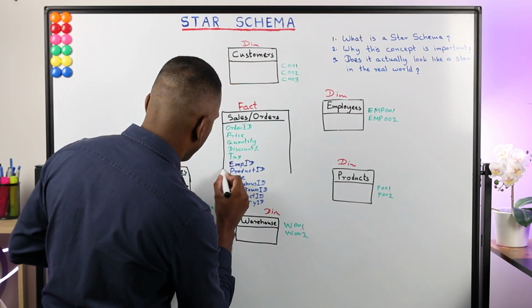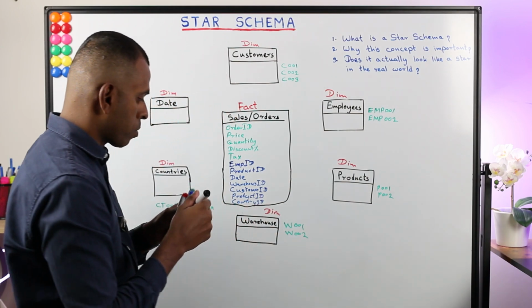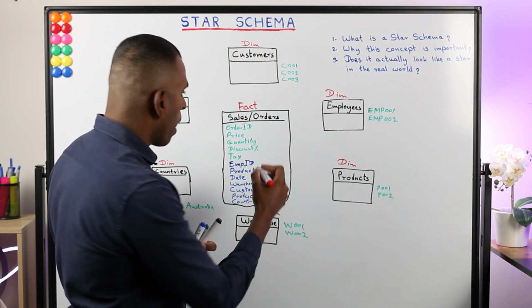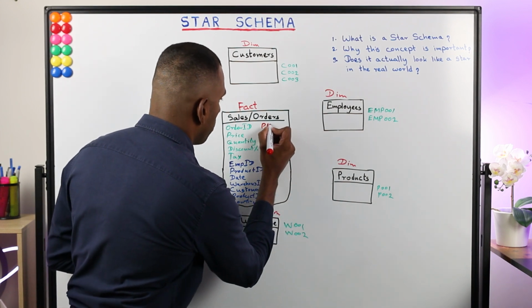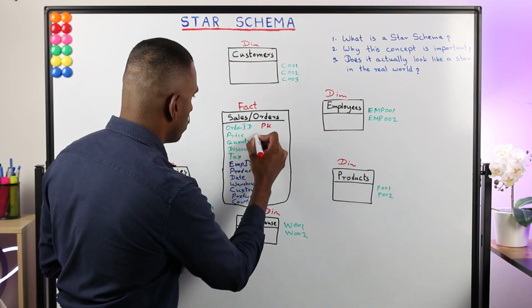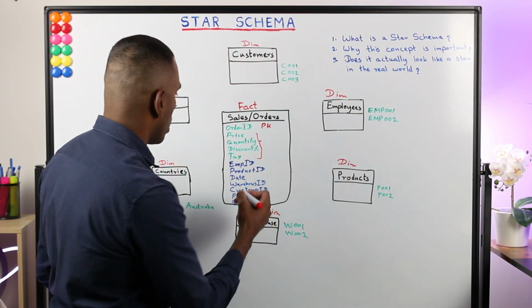See, order ID is the primary key of the fact table. These are values or numbers, right?